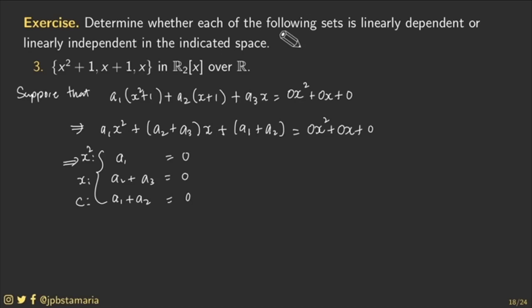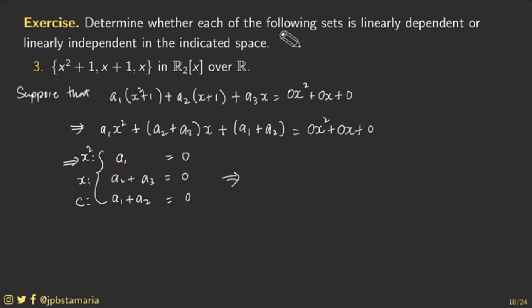But as you can see here, no need to actually run the RREF or the Gauss-Jordan method. Because what? Because from the first equation, A1 is 0. If you substitute 0 here, you conclude that A2 is 0. And when A2 is 0 over here, you get A3 is 0.